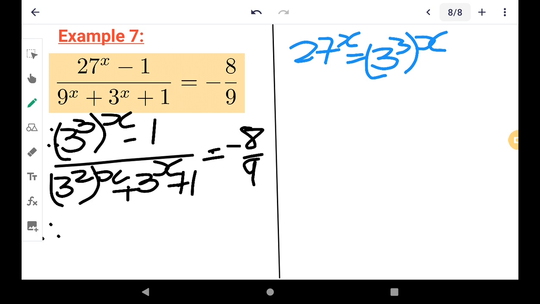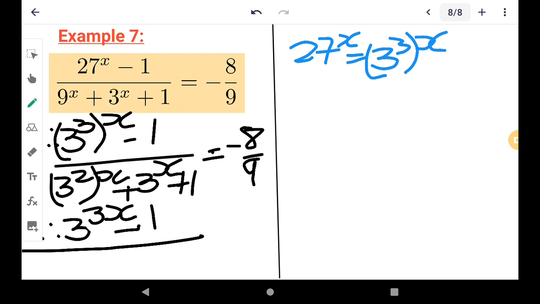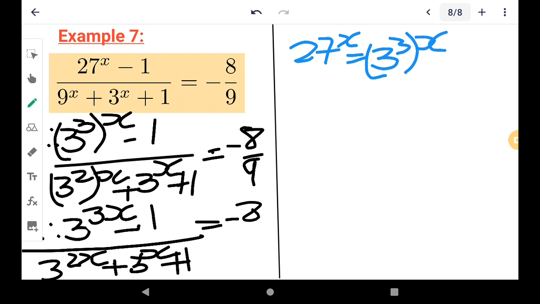Therefore, we've got 3 to the power of 3x minus 1 all over 3 to the power of 2x plus 3 to the power of 2x plus 1 equals minus 8 over 9.